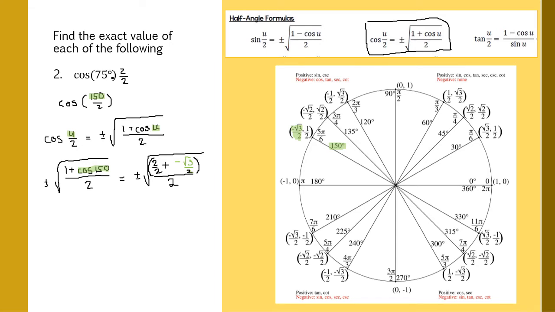So 2 plus negative root 3 is just 2 minus root 3, all over this common denominator, they're both over 2. And then all over 2 again from this denominator of the fraction. And this is still all underneath the square root sign.